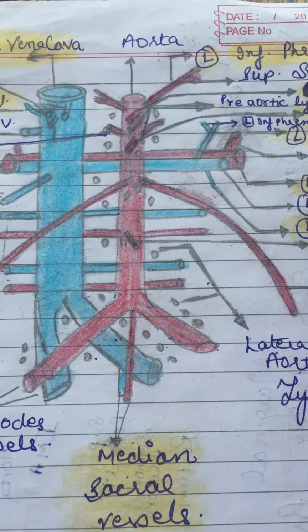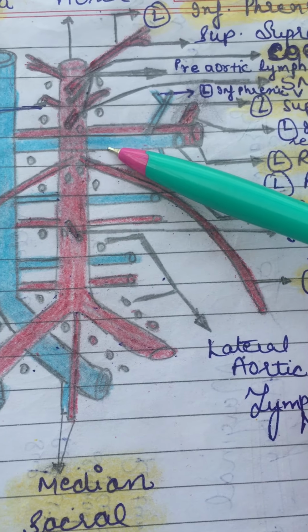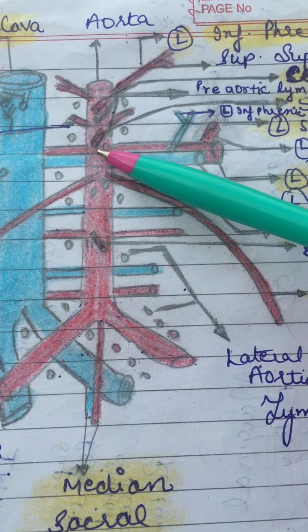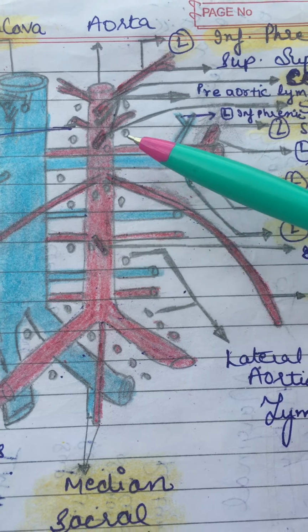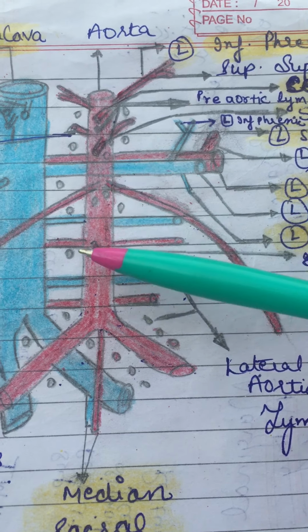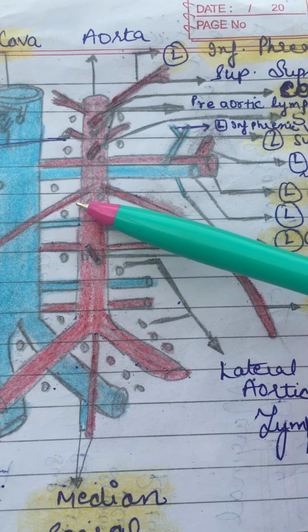Let's discuss the branches. As I already discussed in my previous video, we have ventral and lateral branches. Ventral are the celiac trunk, superior mesenteric artery, inferior mesenteric artery. Superior and inferior mesenteric arteries I have discussed previously. In this video I will describe the celiac trunk and the lateral branches.